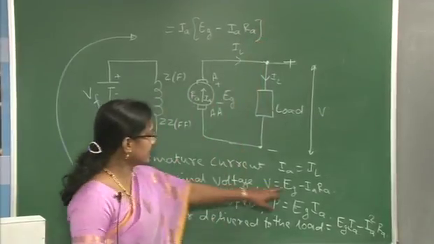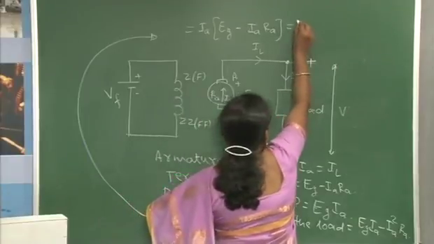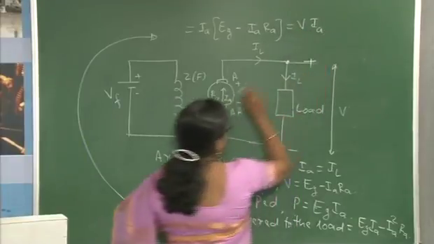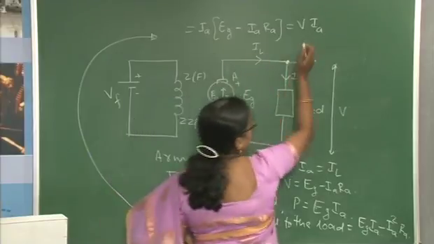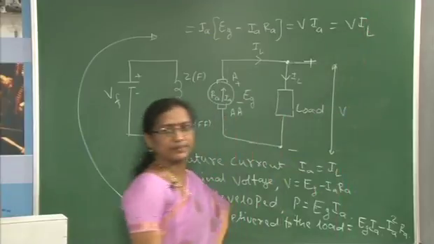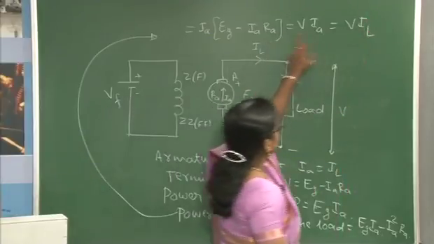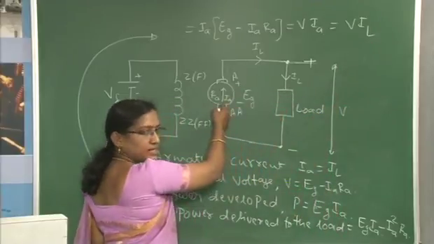So, we know that Eg minus Ia Ra is V. So, this is equal to V into Ia. Since this armature is connected in series with the load, Ia is nothing but IL. So, this is equal to V into IL, that is V into IL is the power delivered to the load from this armature.